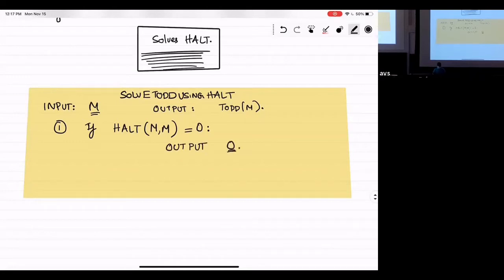Output 0, because when M doesn't halt on M, Todd of M is actually 0. On the other hand, if I know that the machine halted on itself, then I can run the program to its execution, look at the final output, check the first bit, and then flip it.